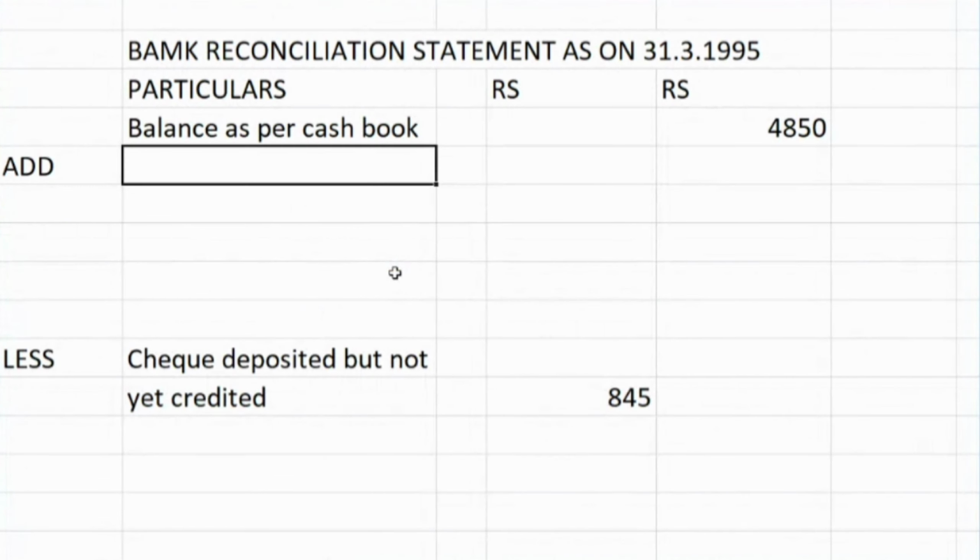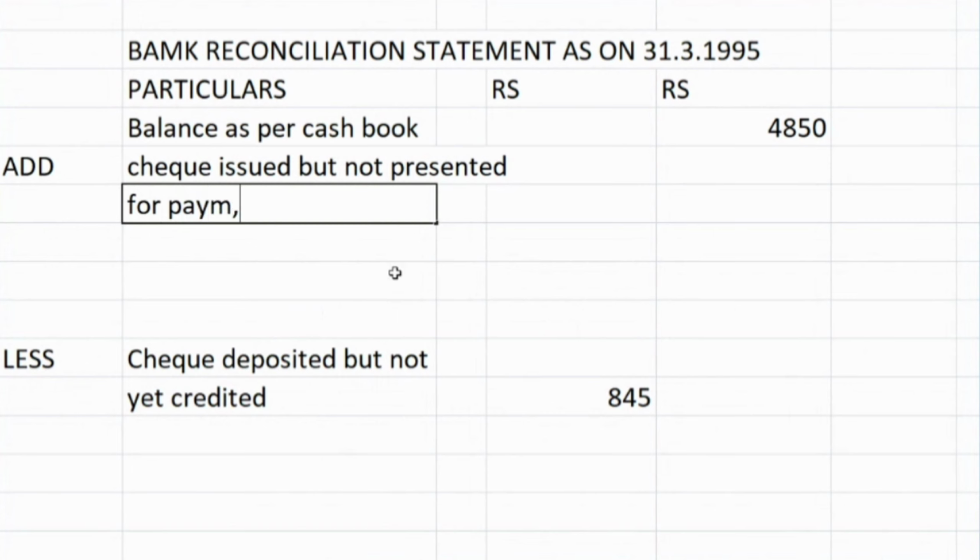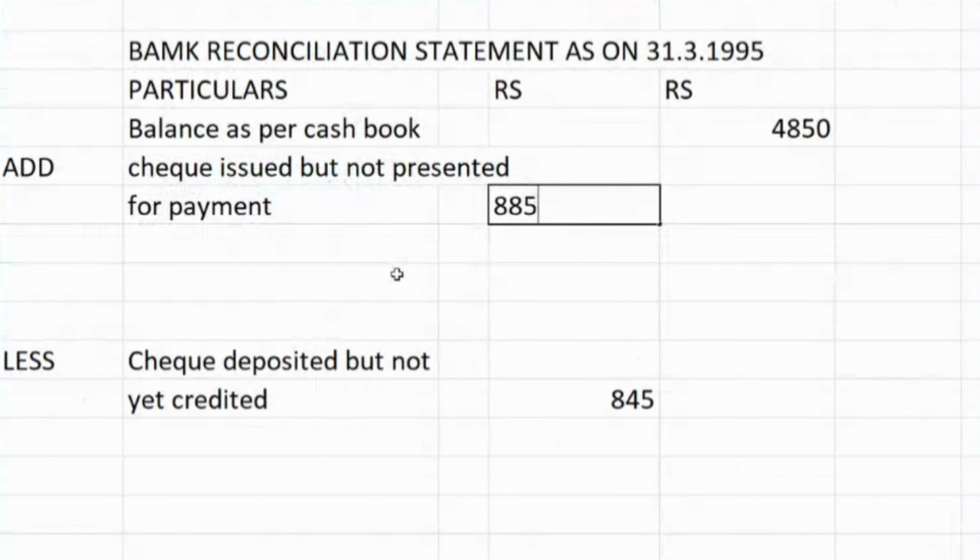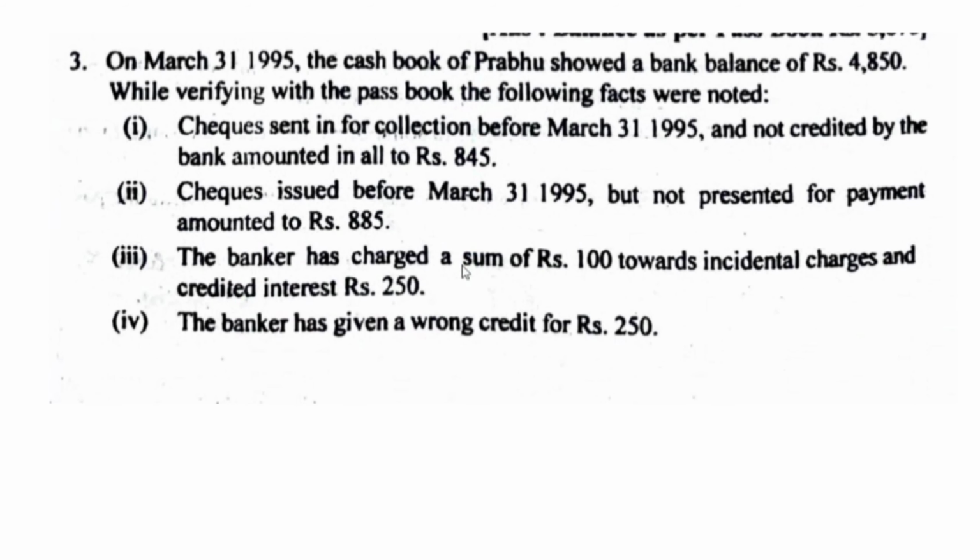Therefore, go to the add category on top and write check issued but not presented for payment. Here, not presented for payment means the person to whom we have issued the check has not gone and claimed the amount from the account. Therefore, in the passbook, the amount remains the same. So the amount should be recorded in the inner column, which is 885 rupees.